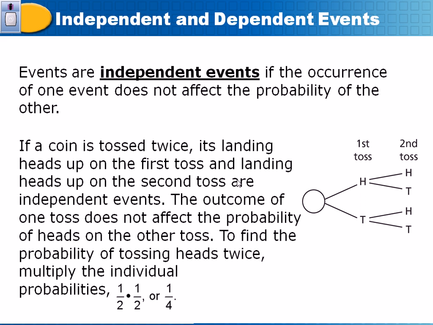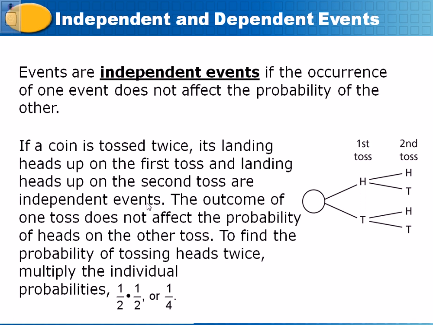Okay, so what I did was I printed out some of the definitions for you, and then you can add what you want from the examples we look at today. Events are independent if the occurrence of one event does not affect the probability of the other. Does that make sense? One does not affect the other. So here's an example. If a coin is tossed twice, landing heads up on the first toss and landing heads up on the second toss.